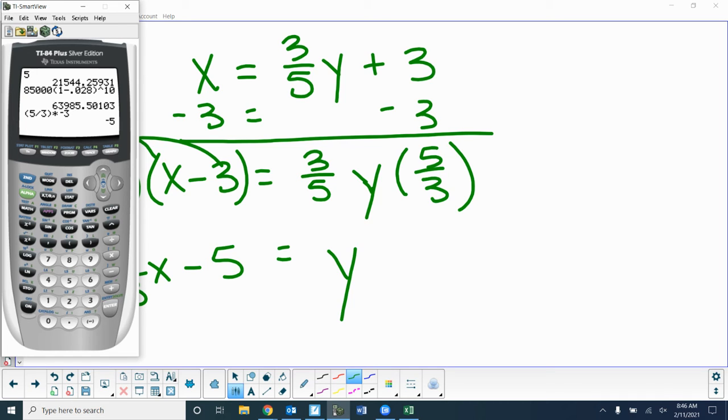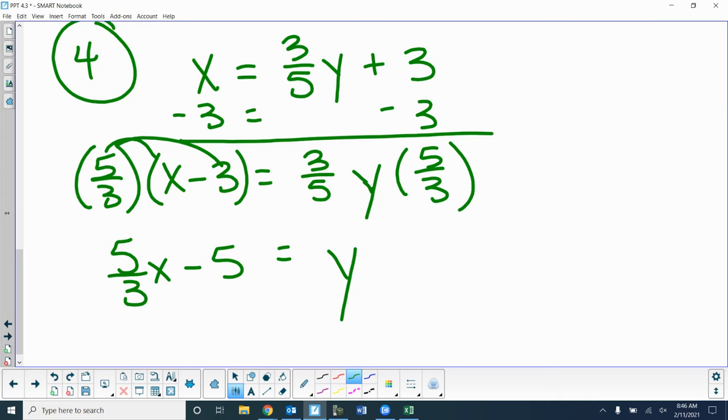Okay? So that works out nice. That looks a lot better than -3 over 3/5. Right in that fraction. You got a fraction and a fraction.